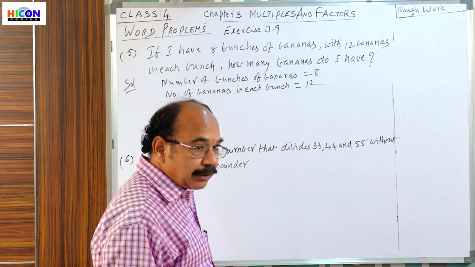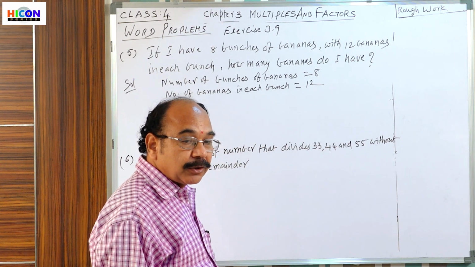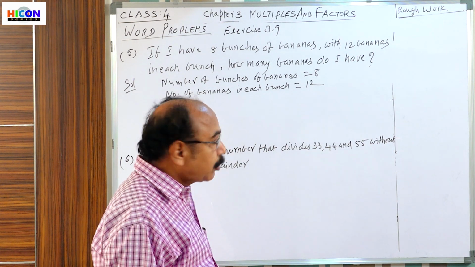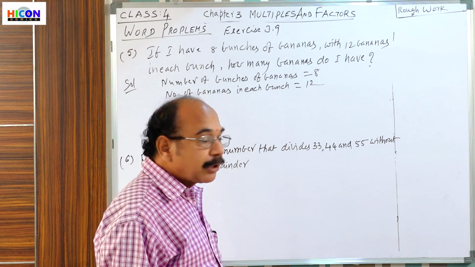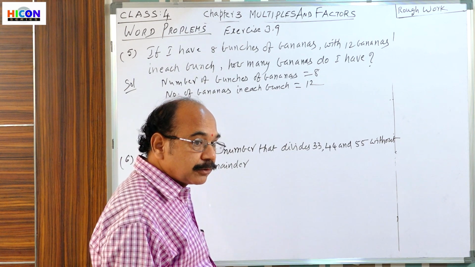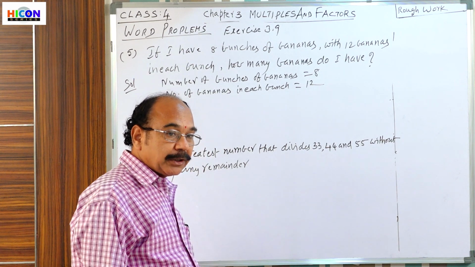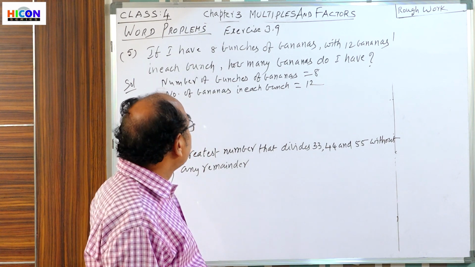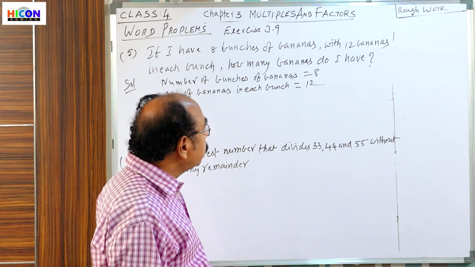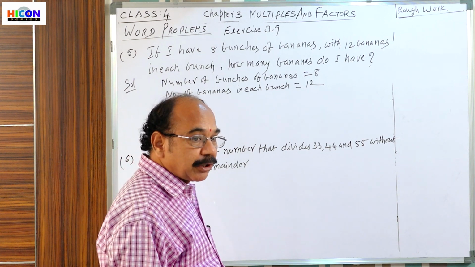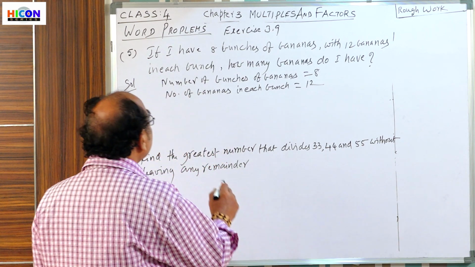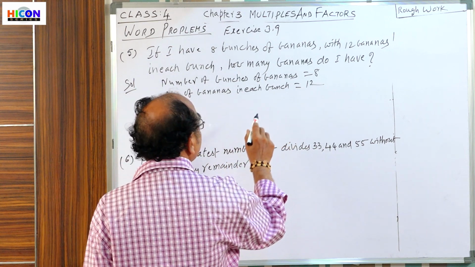8 bunches are there. So in 8 bunches, totally how many bananas do they contain? That means 8 into 12. We multiply the 8 and 12. That means number of bunches into bananas in each bunch. So here what do we write?